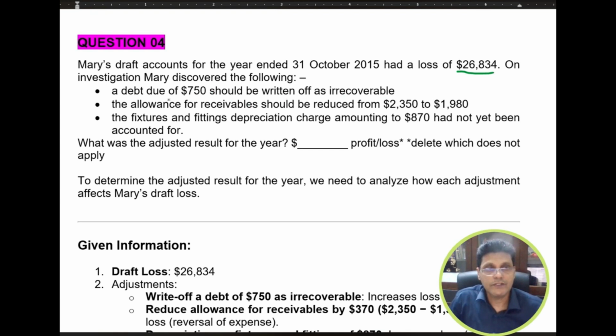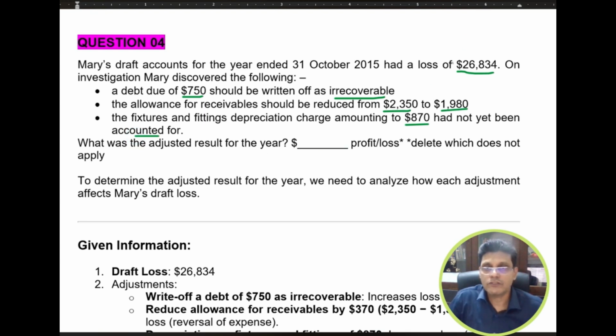The allowance for receivables should be reduced from $2,350 to $1,980. The fixtures and fittings depreciation charge amounting to $870 had not yet been accounted for. So what was the adjusted result for the year?